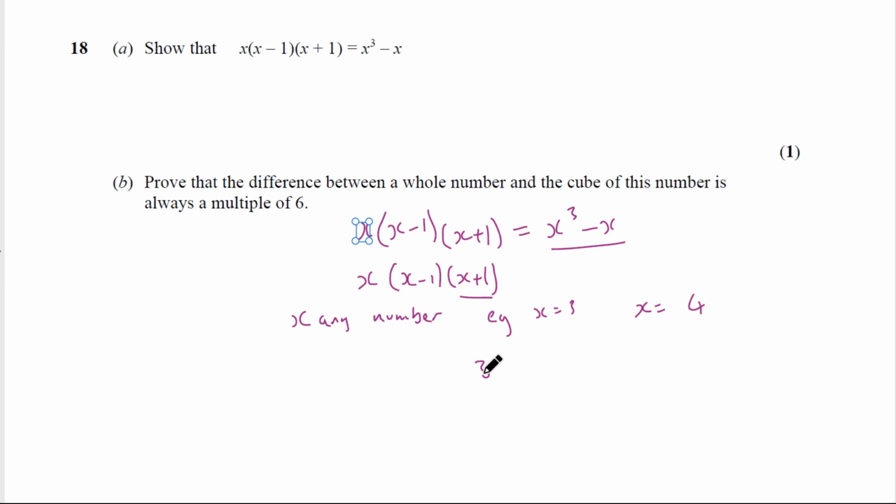So imagine this number turns into 3 times 2 times 4. Well, 4 is a multiple of 2. So essentially there's always going to be a multiple of 2. Hence, any multiple of 2 is a multiple of 6.